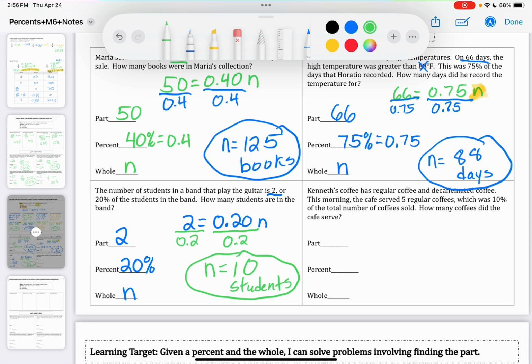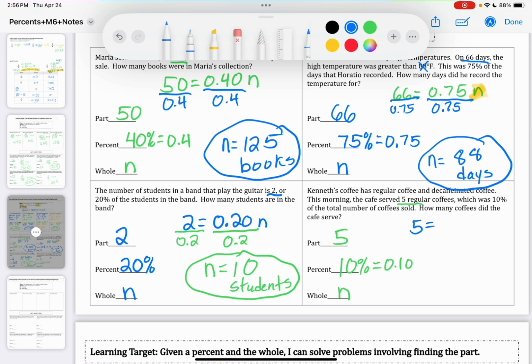All right, Kenneth's Coffee has regular coffee and decaffeinated coffee. This morning, the cafe served 5 regular coffees, which was 10% of the total number of coffees sold. How many did they sell? Well, 5 is the part. 10%, which is 0.1 or 0.10, is the percent and n is the whole. Let's write our equation.